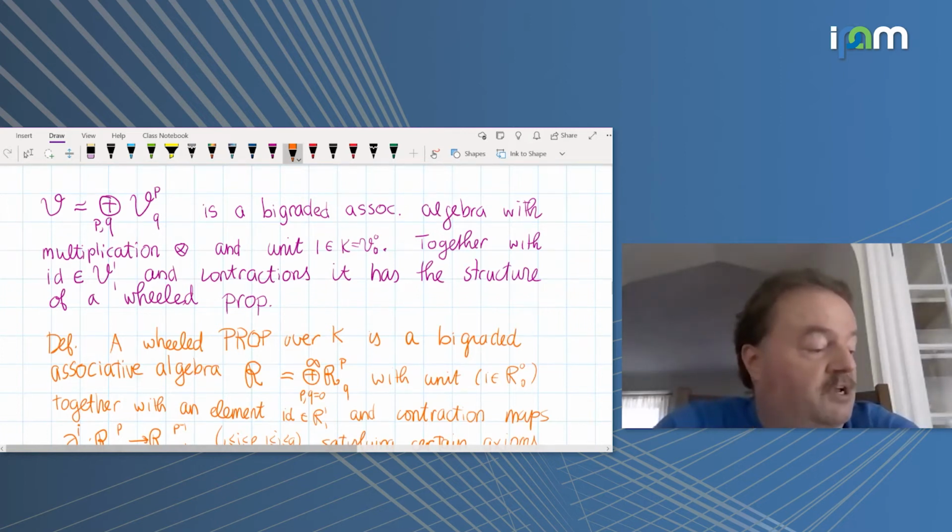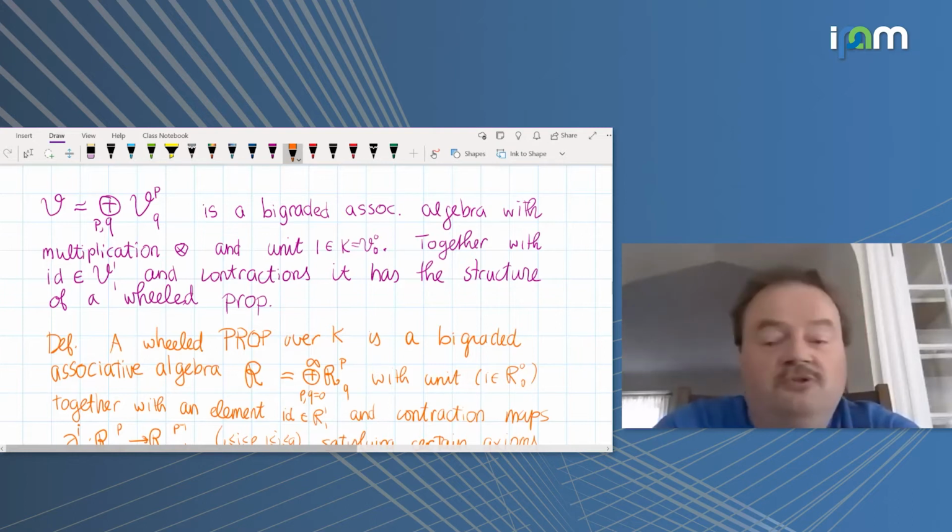And we also have a one element for this multiplication, or unit, which is just one. But on top of that, this has more structure because we also have the contractions, and we have another special element, which was the identity.